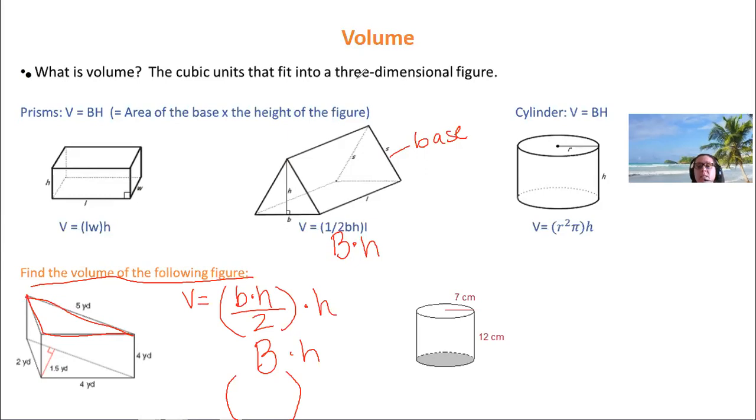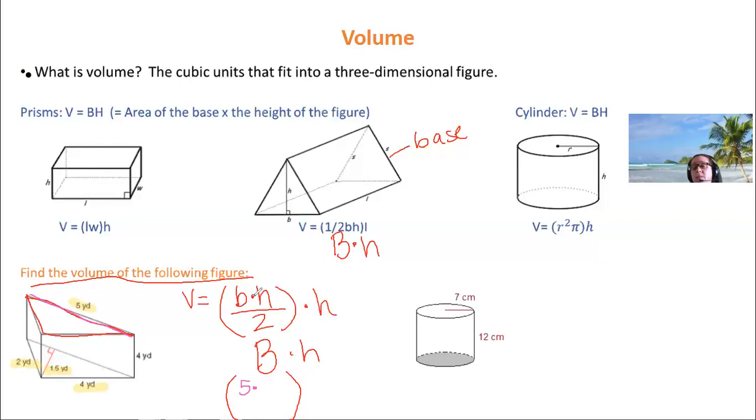So guys, take a look at our triangle here. It looks like we have quite a few numbers associated with it. We have a 5, a 1.5, a 4, and a 2. And yeah, Malia, you totally got it. The 5 is going to be the length of my base. That's my base.